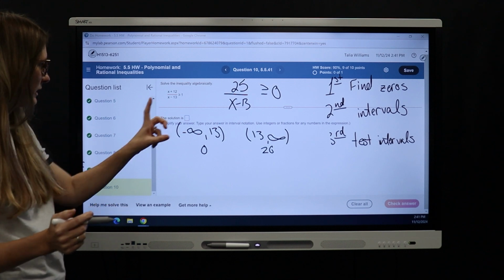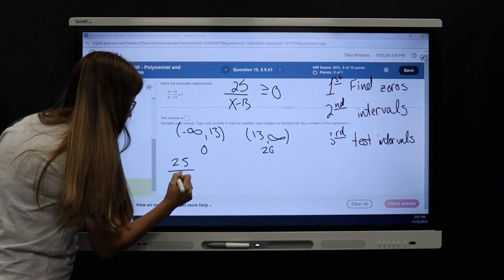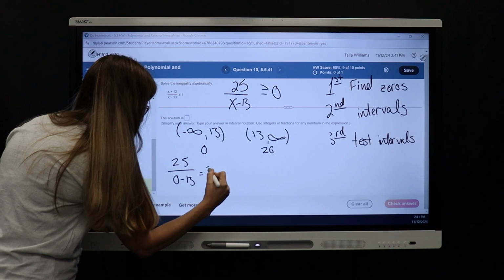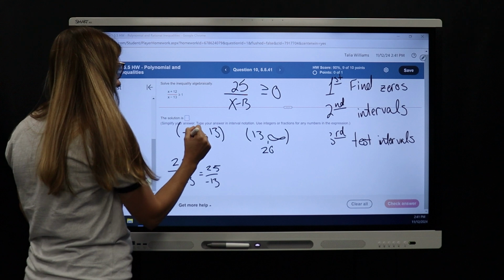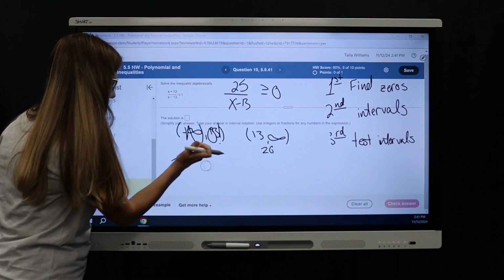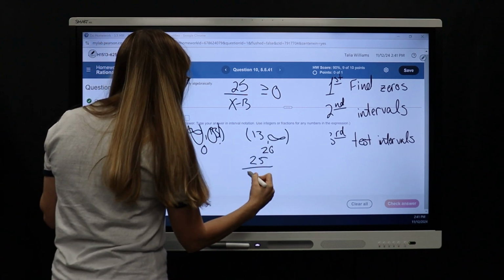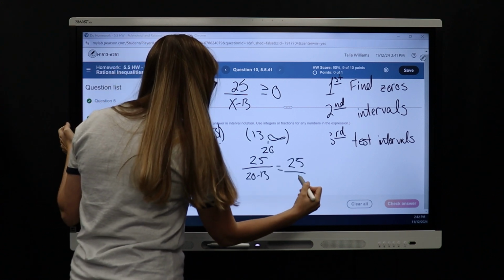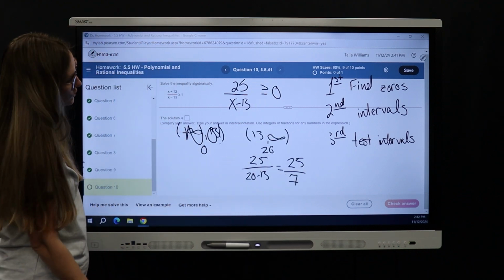And then I'm going to plug it into this one. So I'm going to have 25 over 0 subtract 13, which would be 25 over negative 13. Which is a negative number. Is a negative greater than 0? No. Then I'm going to have 25 over 20 subtract 13, which is 25 over 7. Positive. Is a positive greater than or equal to 0?